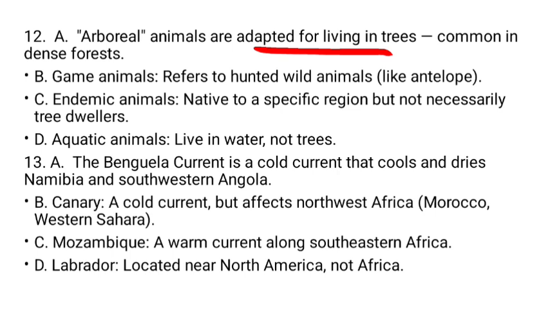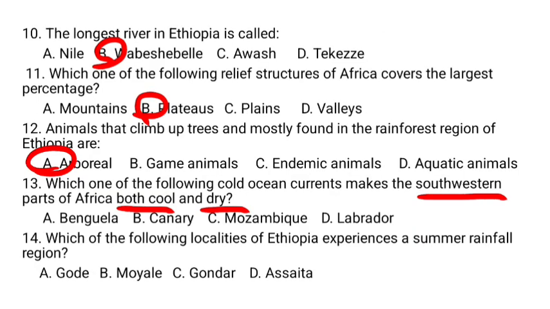Canary is a cold current, but it affects northwest Africa, especially areas like Morocco and the Western Sahara. Mozambique is a warm current, not a cold ocean current, which affects southeastern Africa. While Labrador is located near North America, not in Africa. So, A is the correct answer.